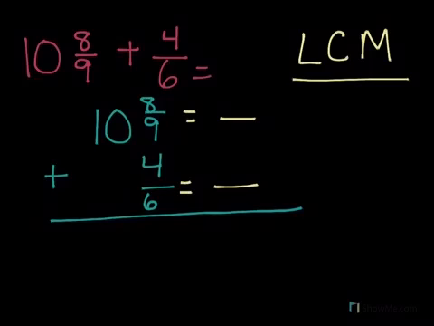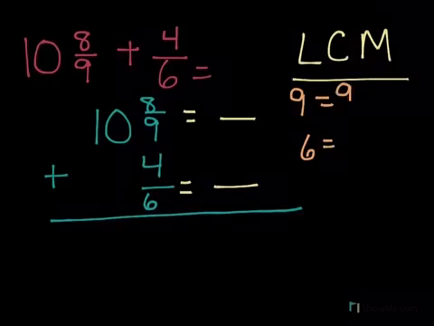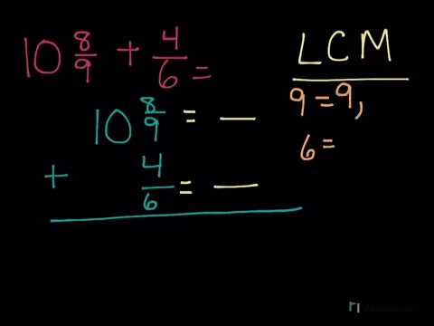So I'm going to take both my numbers and list my multiples. So I'm going to count by 9, and I'm going to do the first 5 multiples. I always start with that number, so 9, 18, 27, 36, 45.